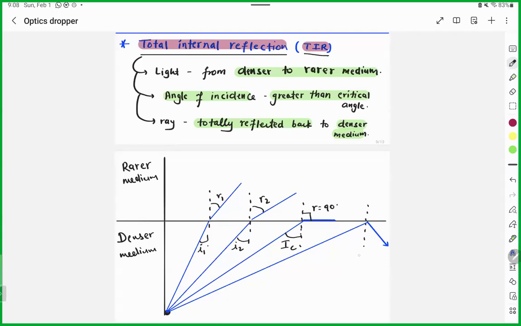And if the incident angle is greater than the critical angle, then the angle of refraction, remember, not reflection, will be greater than 90 degrees. So in this case, your angle should be greater than the critical angle, and your R is greater than 90 degrees.